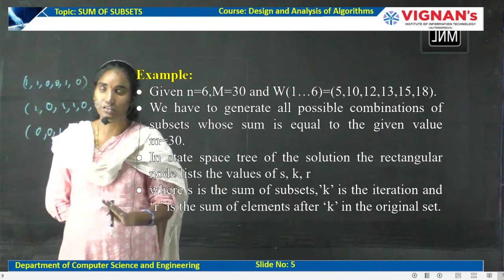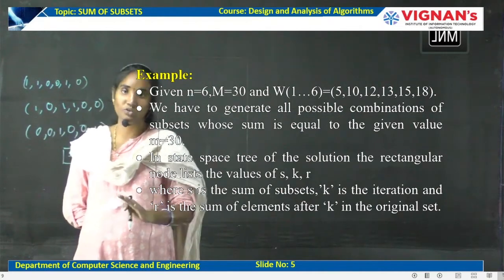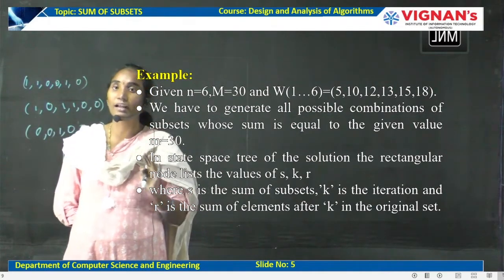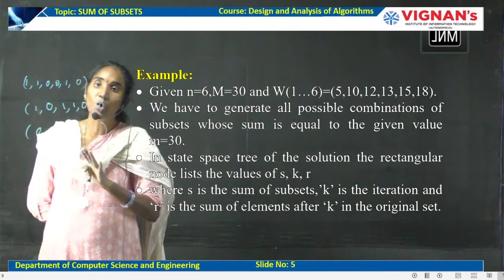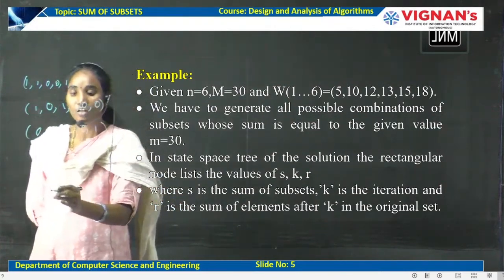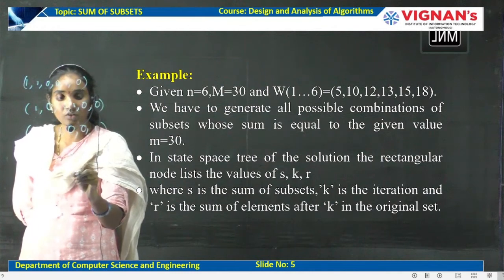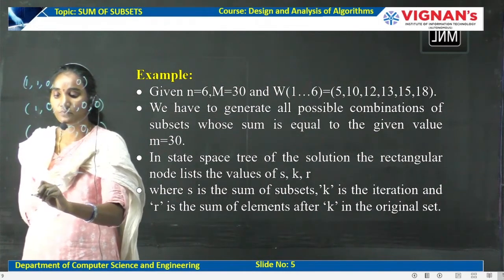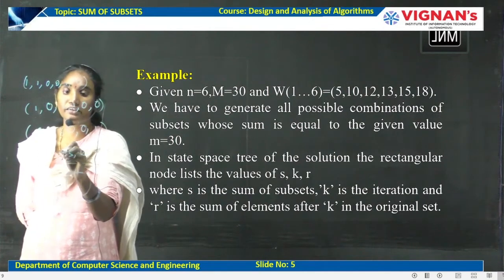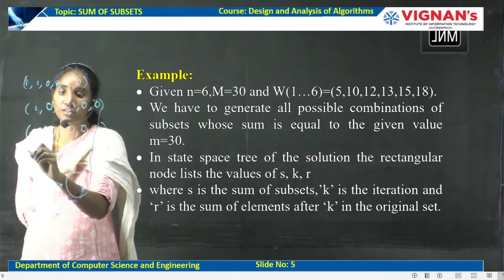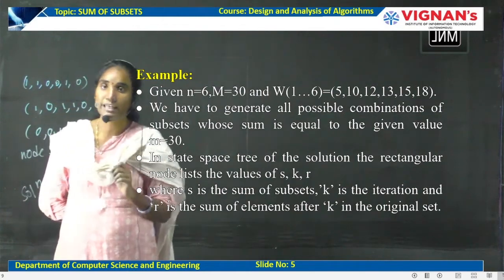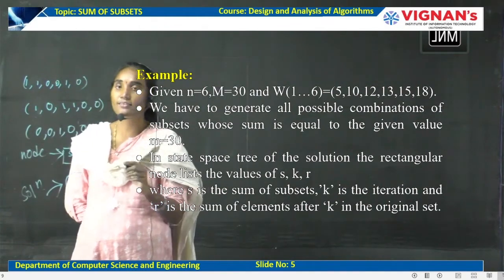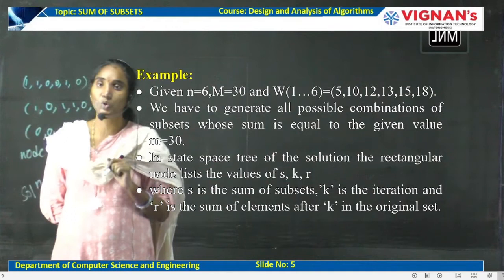Previously we had seen that initially s is equal to 0, k is equal to 1, and r is equal to the summation of all the weights. Whereas the circular nodes represent solutions. The rectangular ones are the nodes at each and every level in the state space tree, whereas the circular nodes are the solutions, right?